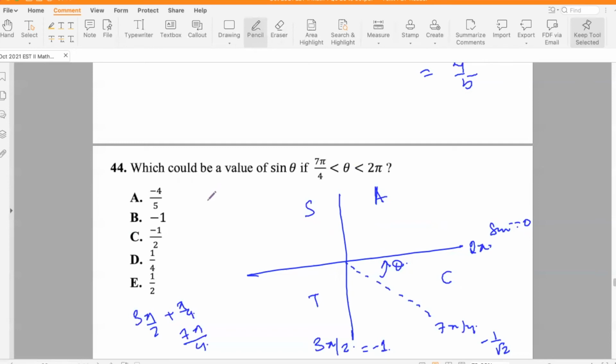So it can't be -1. It can't be positive values. Now, yeah, it would have to be -half, right? Because -half would be, I'll tell you, 2 pi minus pi by 6, right? So 11 pi by 6, sine of 11 pi by 6 will be -half. So it's C.